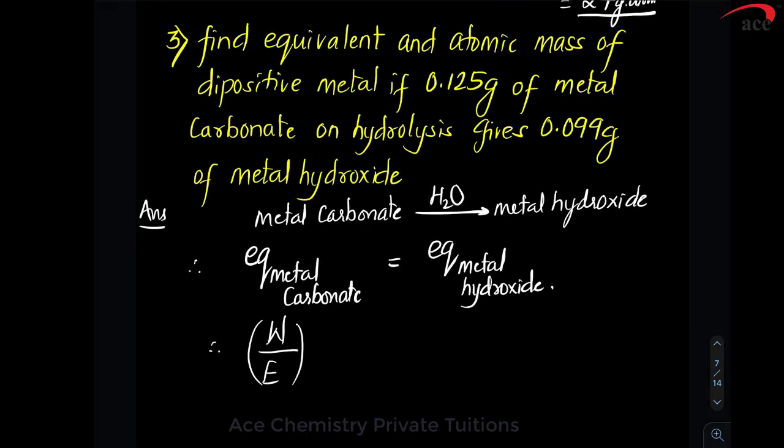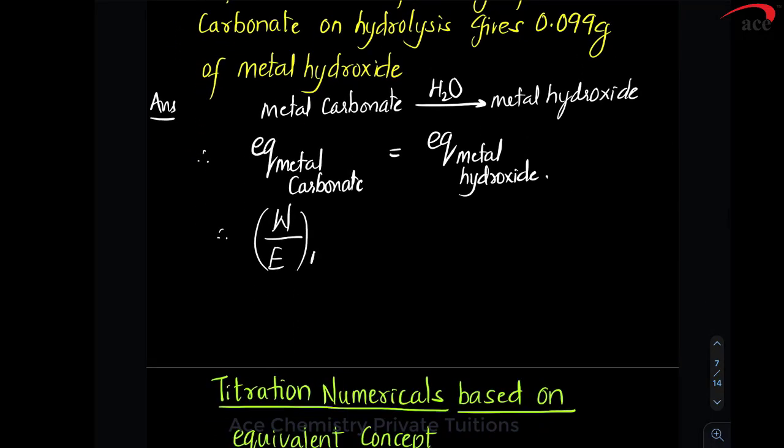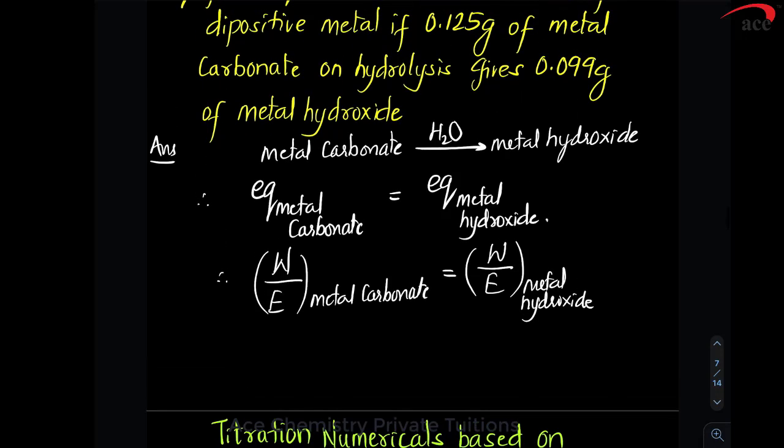What next? W upon E of metal carbonate. But why do you use W upon E? Because they have given you the mass. So W upon E of metal carbonate will be equal to W upon E of metal hydroxide. So we substitute the values.